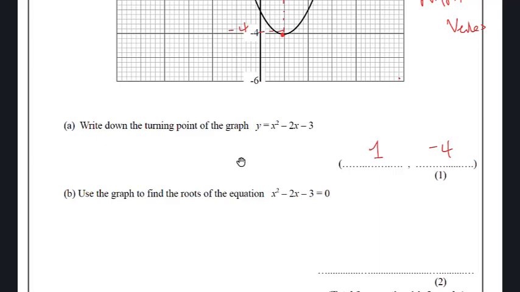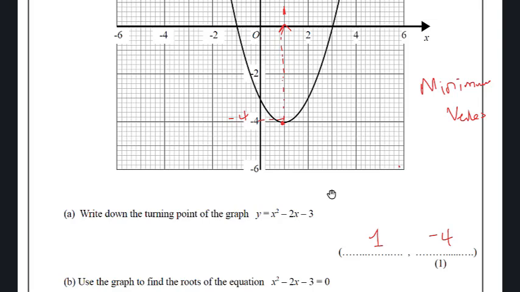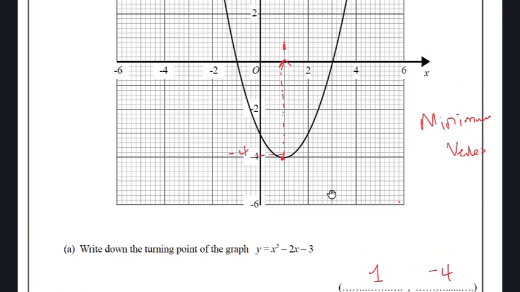Very good. Use the graph to find the roots of the equation x squared minus 2x minus 3 equals 0. So here, since we've let y be 0, we are literally trying to find the x-intercepts, or the points where the graph crosses the x-axis. And as you can see on this graph, the points where the graph is crossing the x-axis are right here. There's a point right there, and there's another point right there.